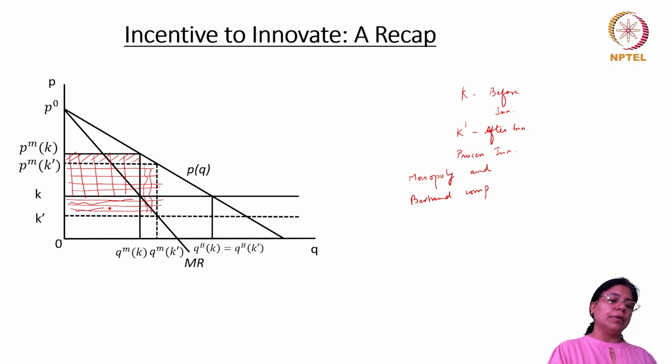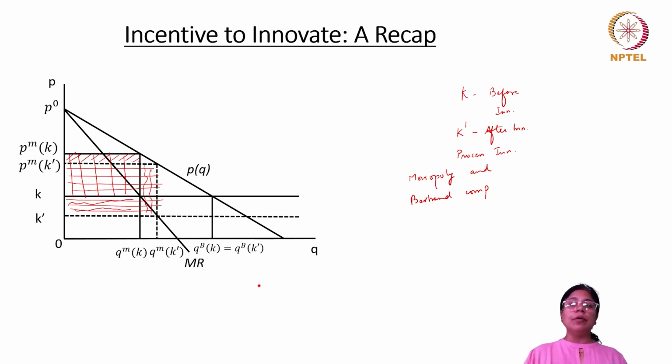So for a monopolist, they have to make a comparison between these areas before making a final call in terms of whether to go ahead with the innovation or not. So clearly the distinction between these two also determines the incentive for a monopolist to innovate.